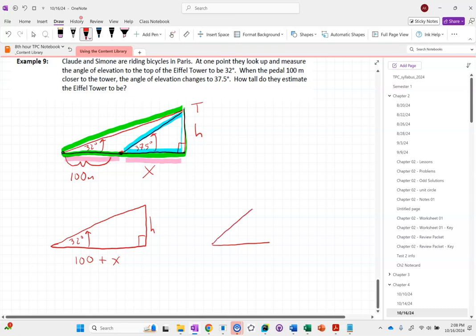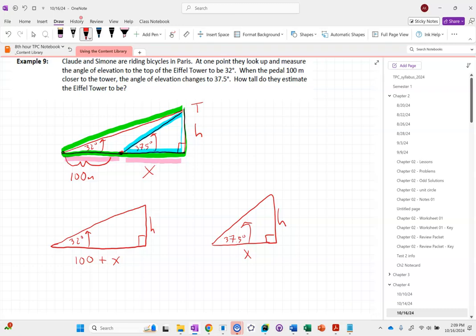And now if I draw the blue triangle, I'd label it as base of X and height of H. Everybody good? Notice in each triangle I have two variables, right? If I have an equation with two variables, I need to form a system of two equations in order to solve that.